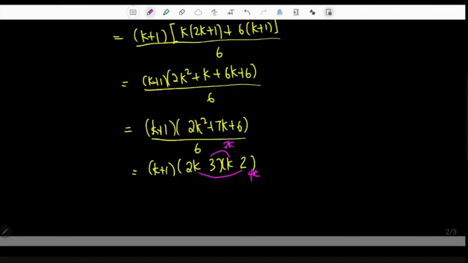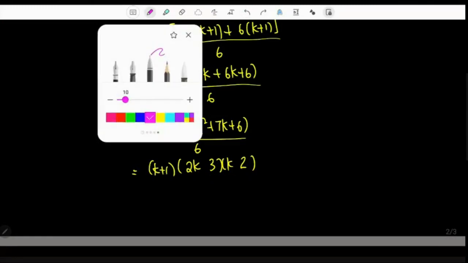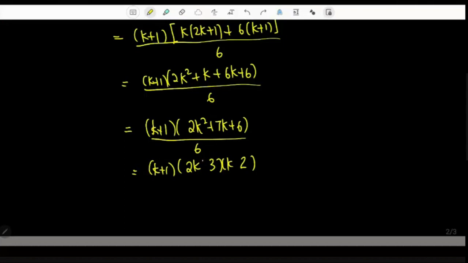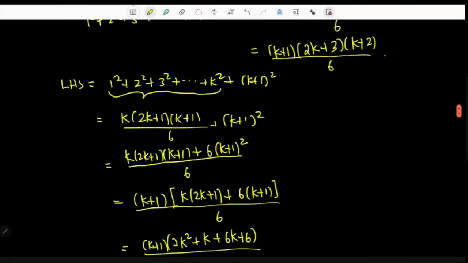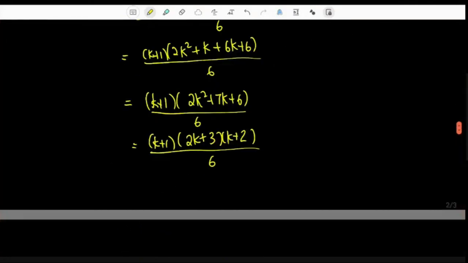So 3k plus 4k is indeed 7k. So that means we have the right combination. So we have (2k plus 3)(k plus 2) all over 6. But this is precisely what we want to show. That's already the right-hand side. So indeed, this is equal to the right-hand side.